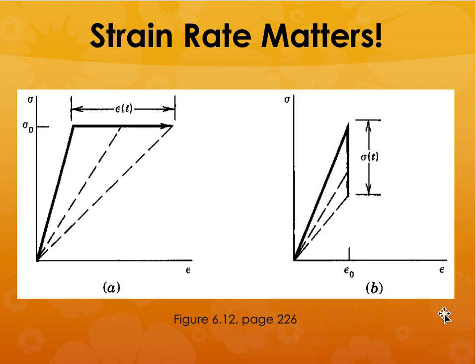For many of these materials, even for metals and ceramics, the strain rate does matter. The higher the strain rate, the higher the strength. But it may not always be tougher than the other material. In the case of plastics or polymers, the higher the strain rate, the tougher the material.